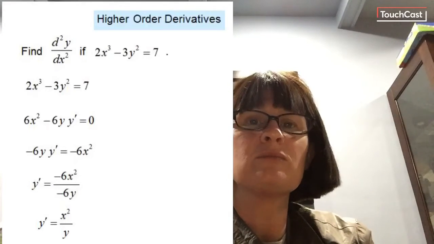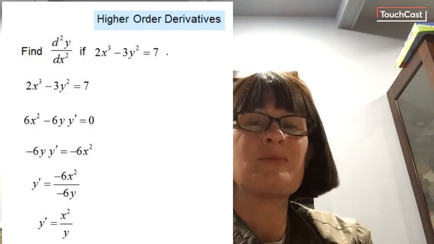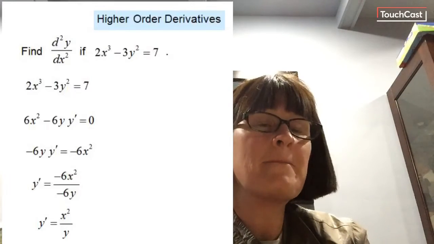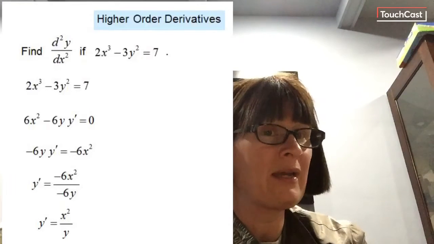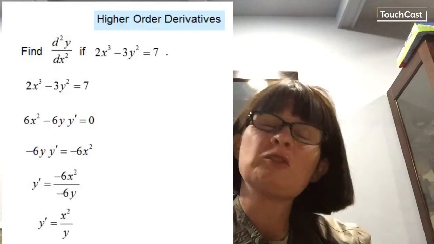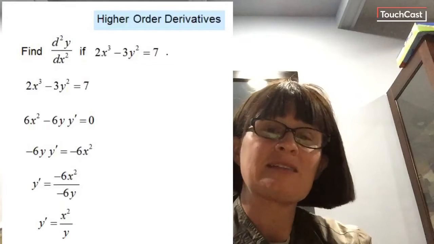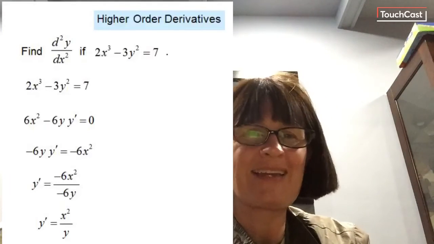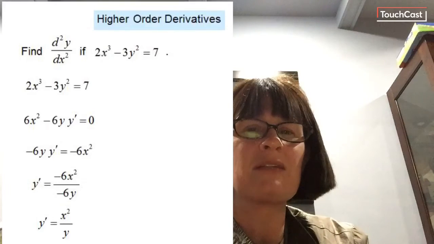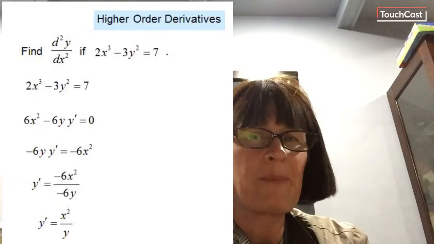That's not so bad. The 3 comes down to the front. 3 times 2 makes 6x squared minus. I'm going to take the derivative of 3y squared with respect to y, which is 6y, and multiply by the derivative of y with respect to x, which I could call dy dx, or you might get to liking this notation because it takes up a little less space. We're going to use y prime.